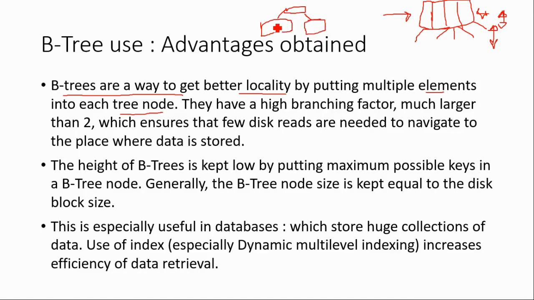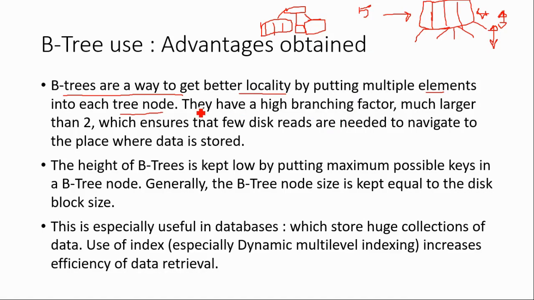So this provides a good advantage, and this is partly also because a BT node points to multiple nodes, multiple subtrees. So a BT of order 5 will have a maximum of 5 subtrees for each node. So that adds to the advantage of lower heights.